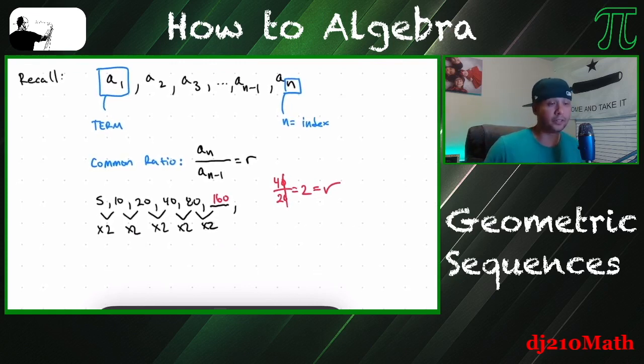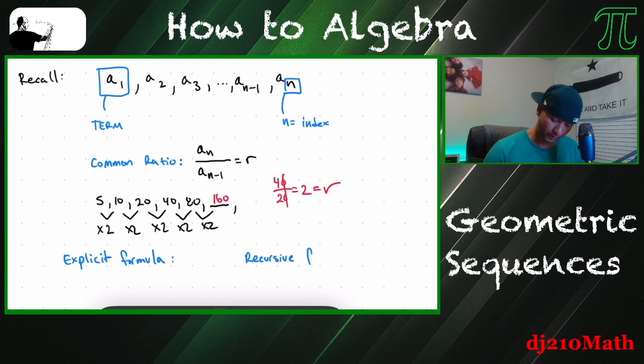The two things that you're going to see that you may be asked to create is an explicit formula for a sub n and a recursive formula.